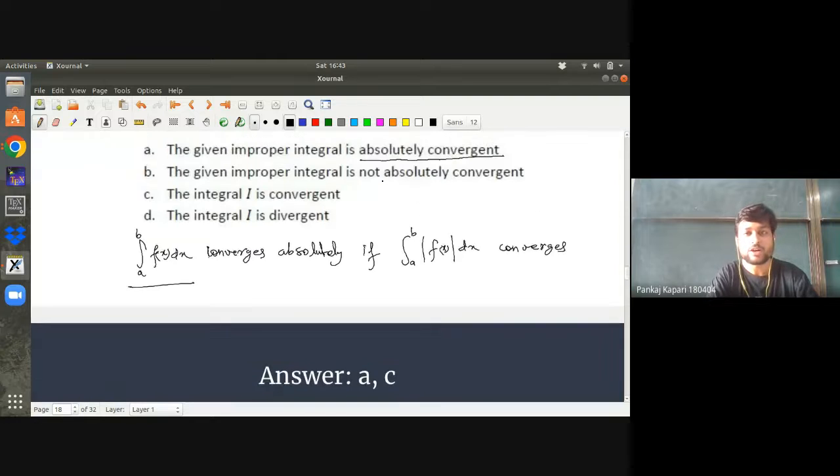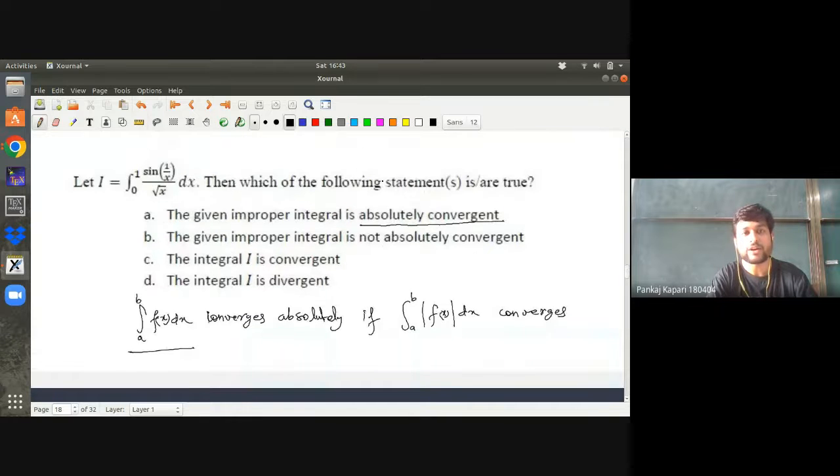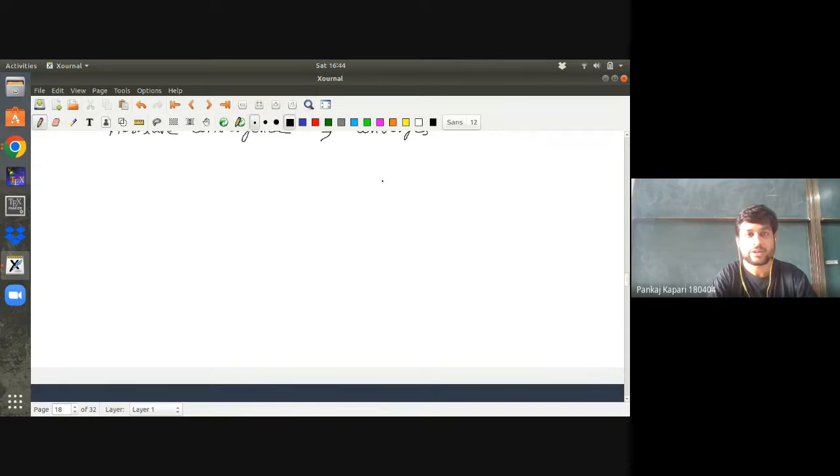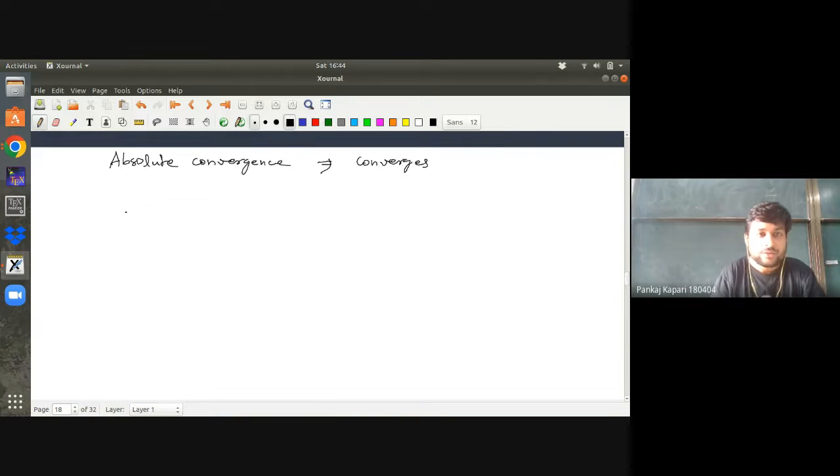In this particular problem, we have to find out if the given integral converges absolutely or not. So the integral is from 0 to 1 of sine(1/x) divided by x to the power half dx. Now we have to find if this integral converges absolutely or not.